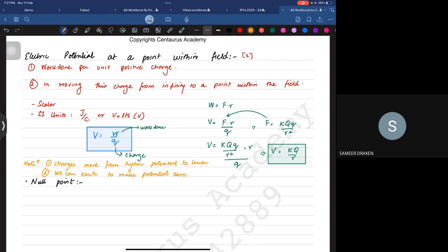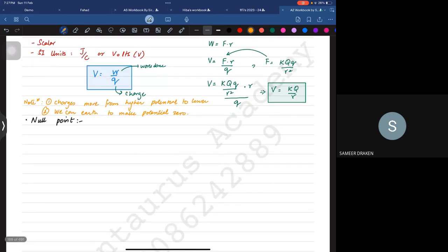Okay. About the null point, I want to explain this to you. Null point is defined as a point where net, let me write it in capitals so you don't forget this word. This is a key word.